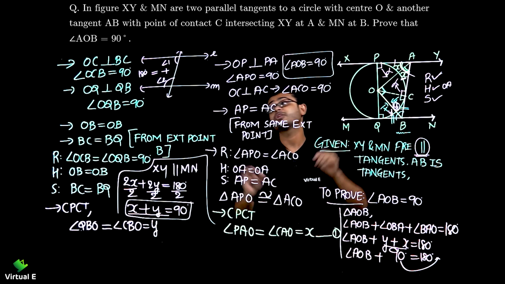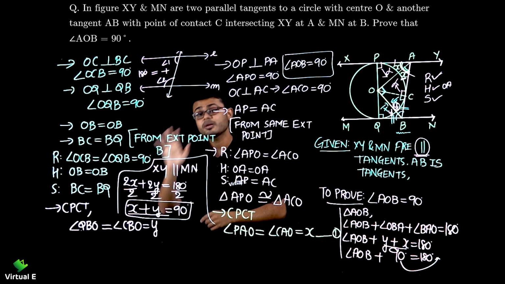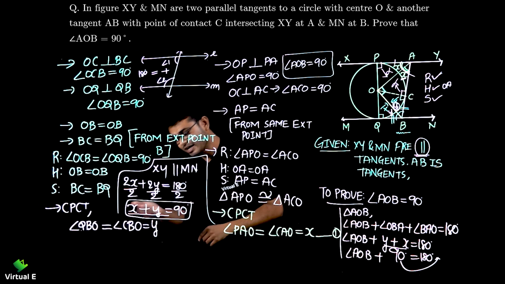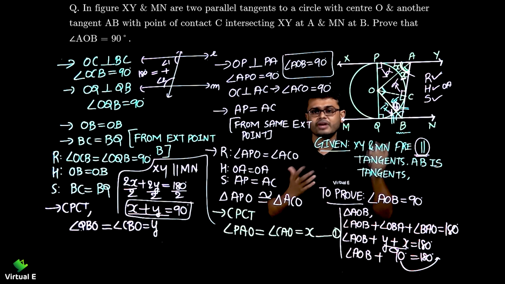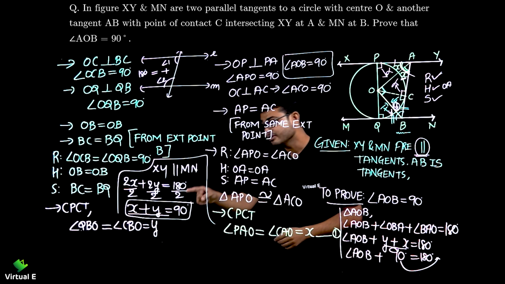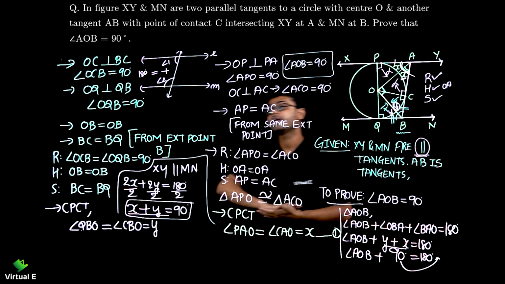So you need to remember, you need to take interior angles on same side. They are supplementary, means if you add them, you are going to get 180, get one relation. Then come to the triangle. Now sum of all angles of a triangle is 180. Substitute the values, substitute the value of relation as well. Then you will get the value of angle AOB.